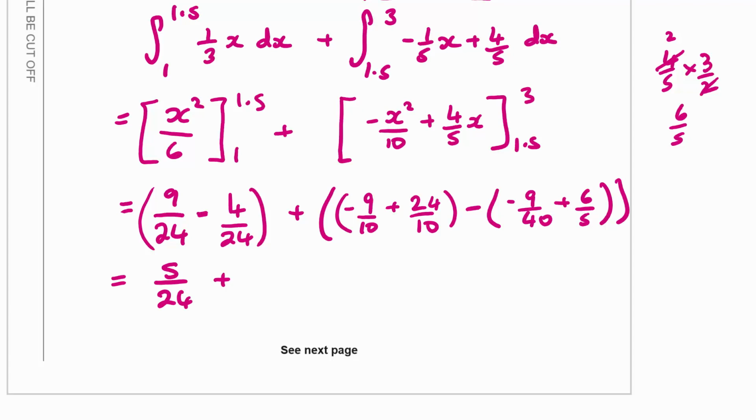What do we have over here? We've got 24 take away 9 is 15. So that one is 15 on 10. And then over here, this bit would be negative 9 on 40 plus, times top and bottom here by 8, it'll be 48 on 40, which is going to be 39 on 40.